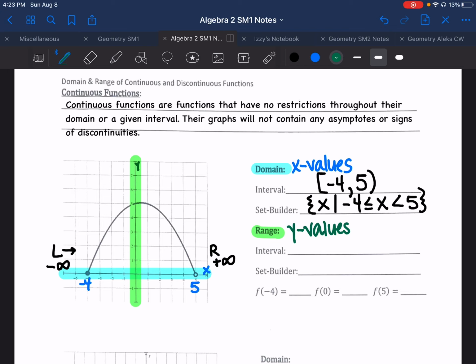So I cannot read it from the left to the right, because it goes up and down. So we needed to all decide, and we decided to read from the bottom, which is where my negative infinity is, up to the top, which is where my positive infinity is. So we always read our y-axis from the bottom to the top.